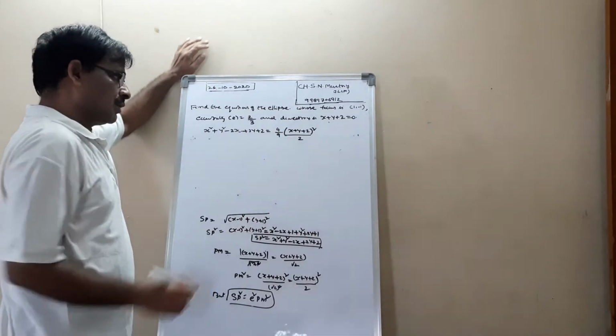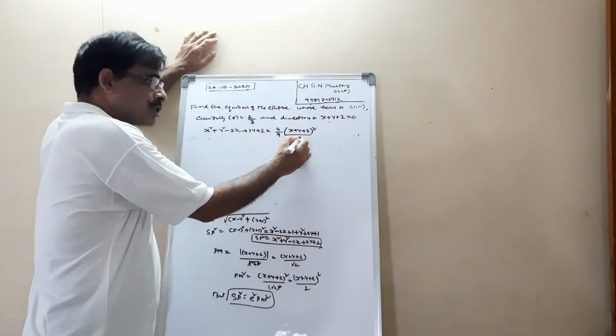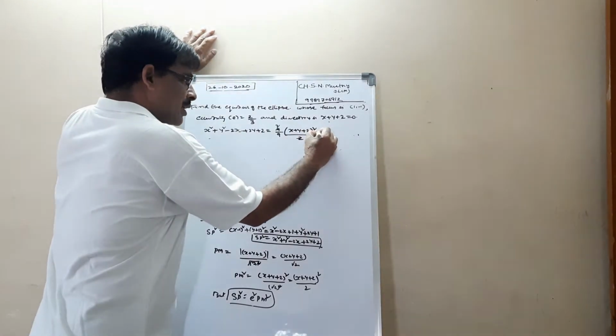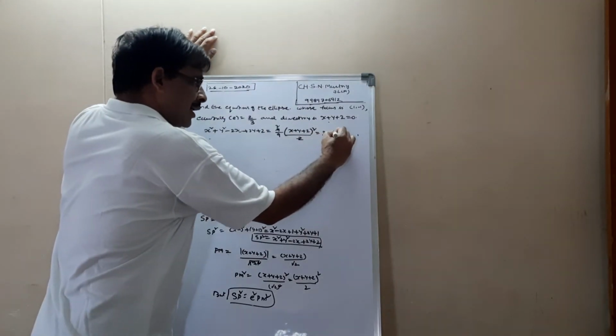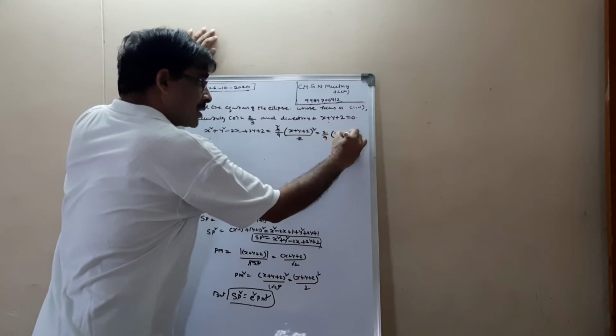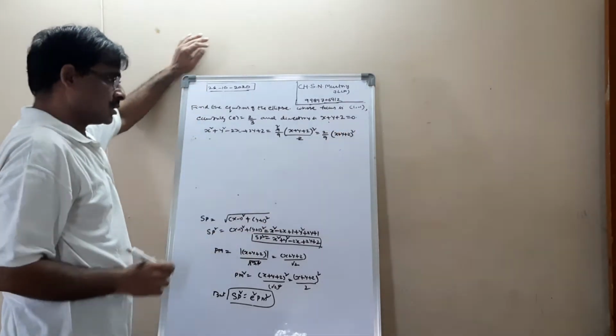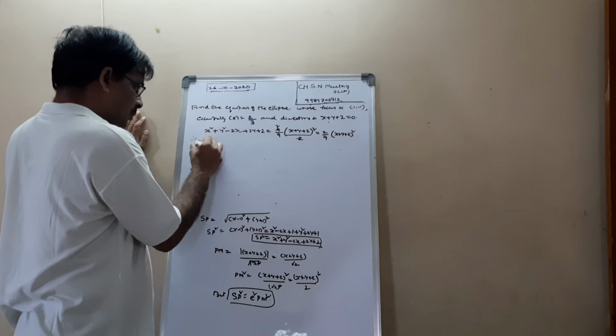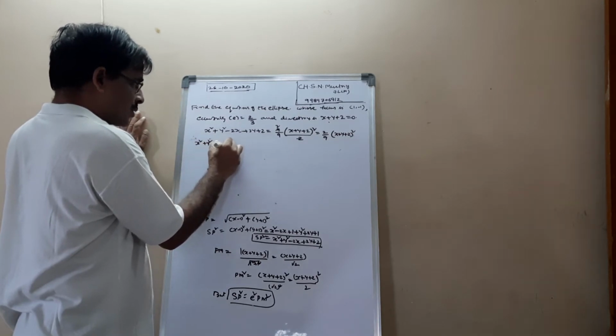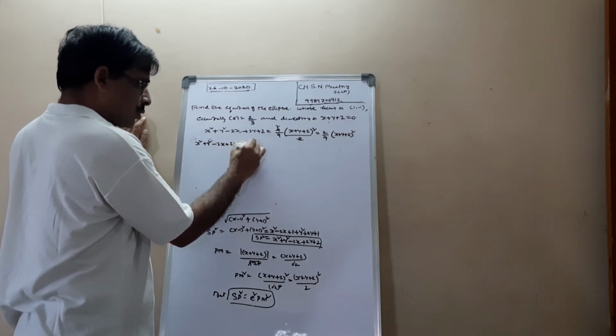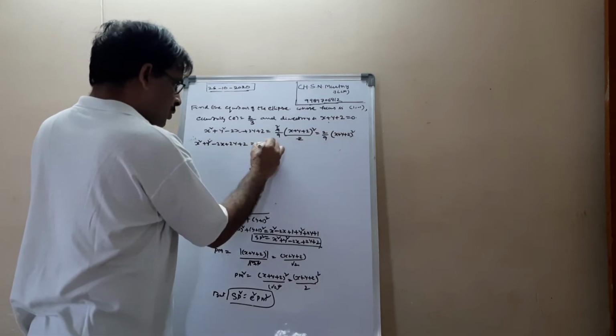Now 2 goes to 2 times, which is equal to 2 by 9 into (x + y + 2) whole square.